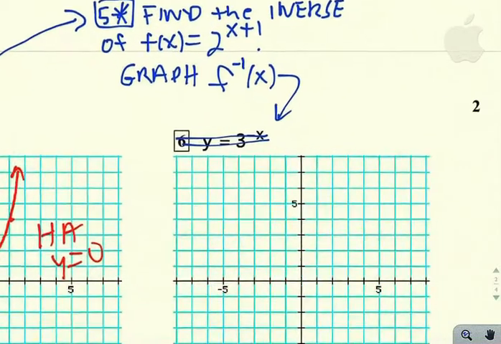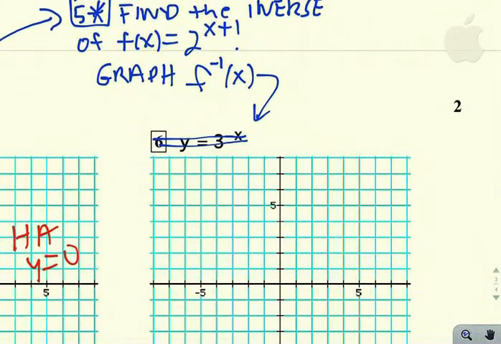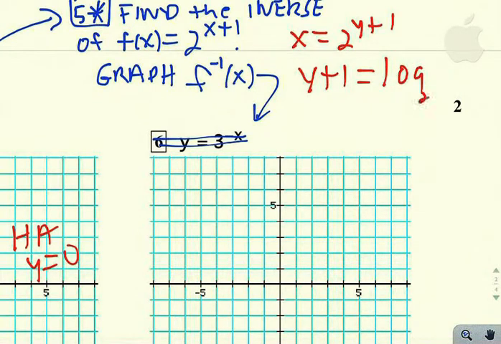Now to find the inverse, remember, switch the x and the y. So y plus 1 is the exponent, will equal log to the base 2 of x. And y will equal log to the base 2 of x minus 1. Now think of nice numbers to plug in for x.